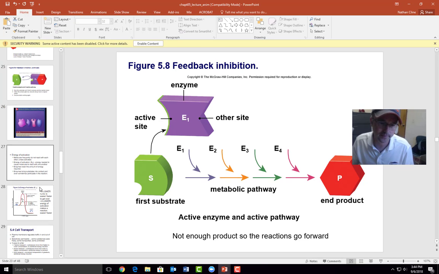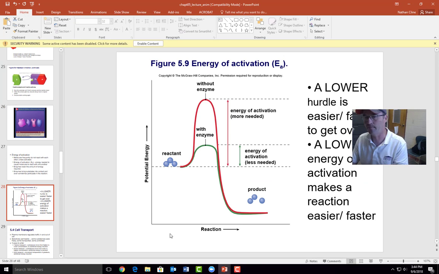So let's look at it this way. We have energy on the y-axis over here, and we have the chemical reaction along the bottom. So this would be the time of the chemical reaction. The reactant, or the substrate in our previous slide, has potential energy stored in it. There's energy to be released. However, it can't go down to this, which is the end result, the products, without going over this energy hump here.